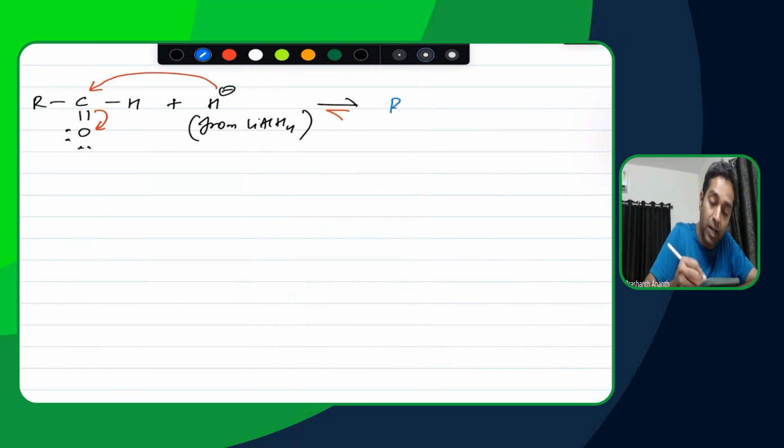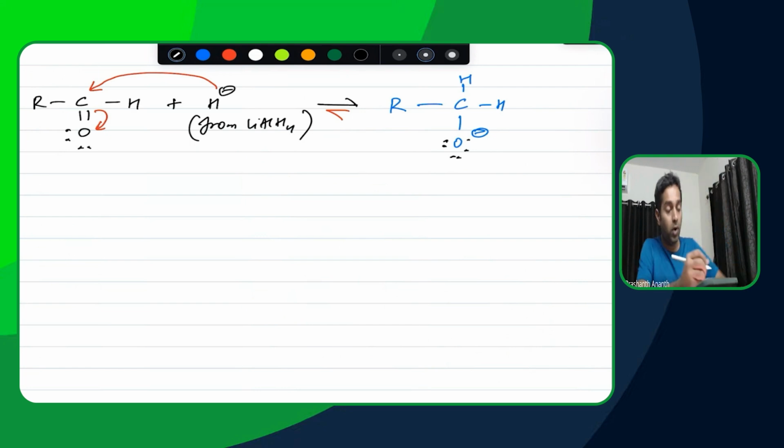In which case we'll be having RC, now with 2 hydrogens attached, and an O minus. The O minus will of course have 3 lone pairs of electrons on the oxygen, because one of the pairs of electrons now ends up being taken over and becomes a lone pair here.